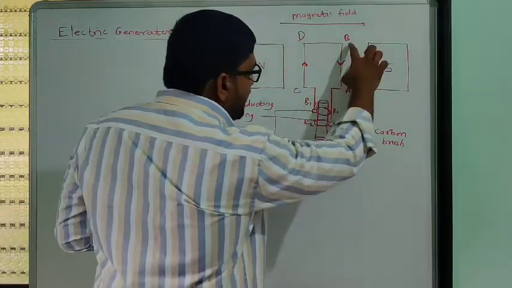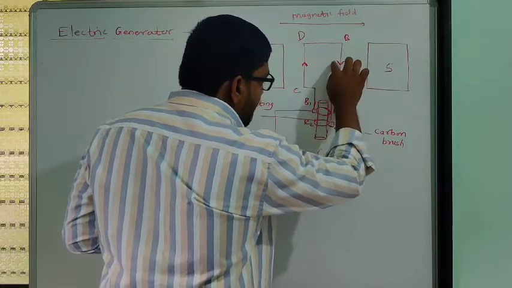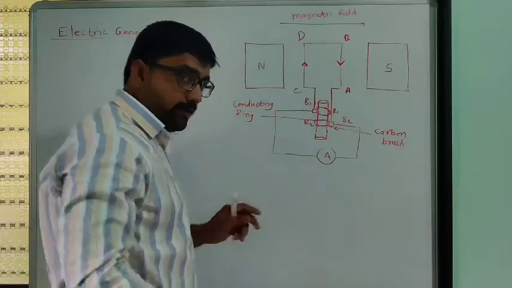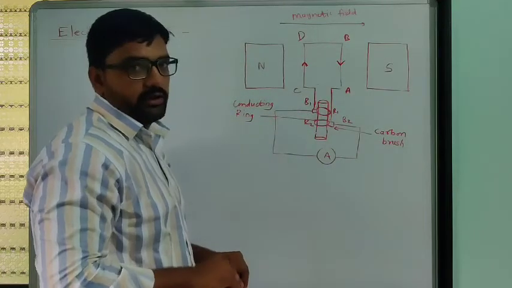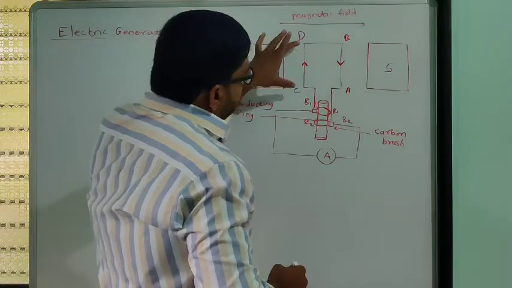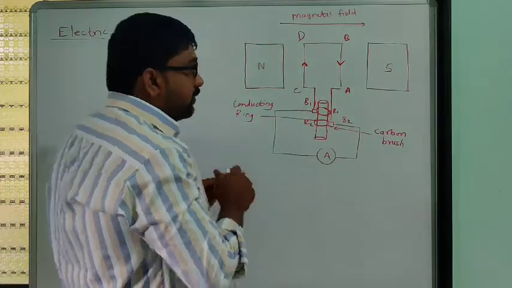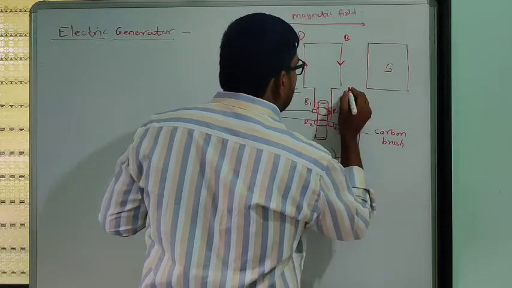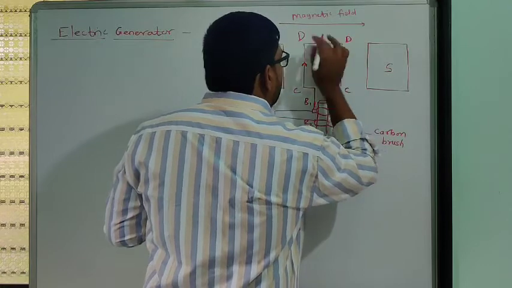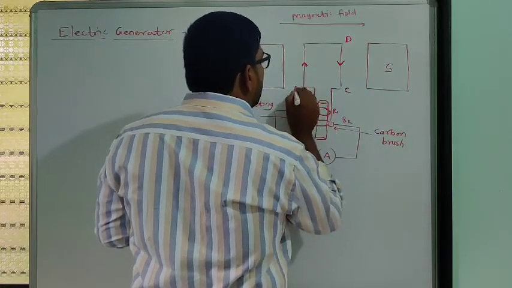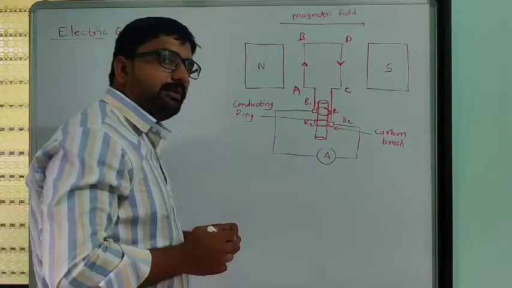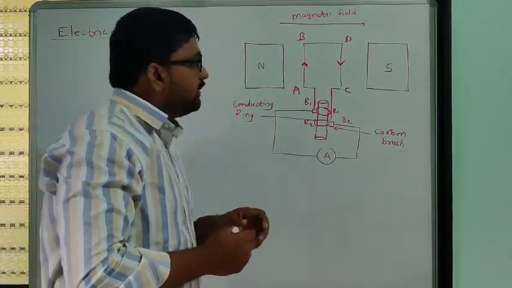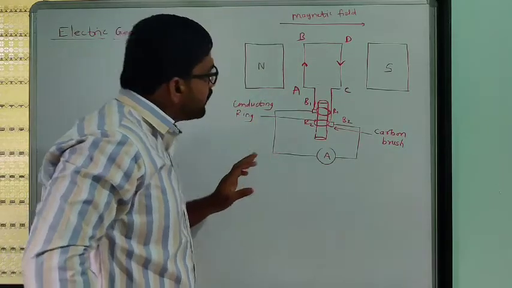Again the direction of current changes. Now the direction of current in branch AB is like that, and the direction in branch CD is inward. So after each half rotation, the direction of current in the branch changes. Again after a half rotation CD will become here and AB will become here, so again the direction of current in DC and AB branches changes.